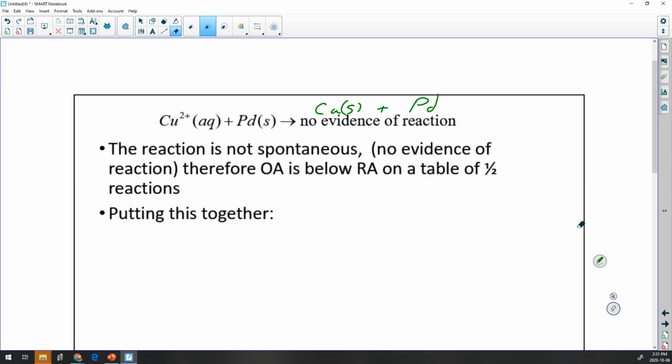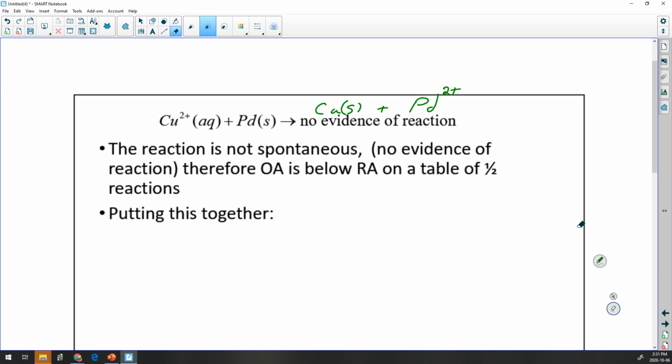So palladium, Pd, is a metal, so I know it's going to form some type of positive charge. In this case, we're going to form a plus. It could form a 2 plus. It didn't, because the copper was not strong enough to rip the electrons off the palladium.